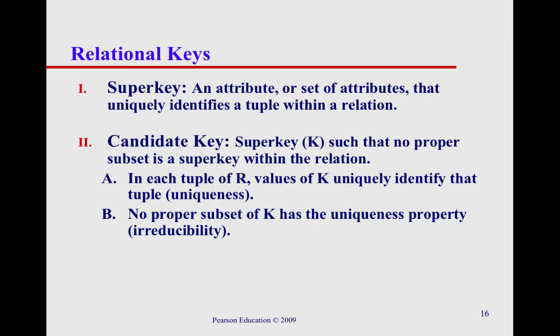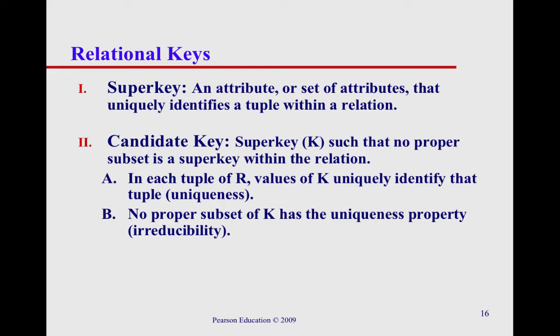Now, that's not a very useful definition. We actually prefer a so-called minimal key, which is the minimal set of attributes from that set that would be capable of uniquely identifying each tuple. We call such a set of attributes the candidate key. So it is a superkey such that no proper subset of that key is a superkey.